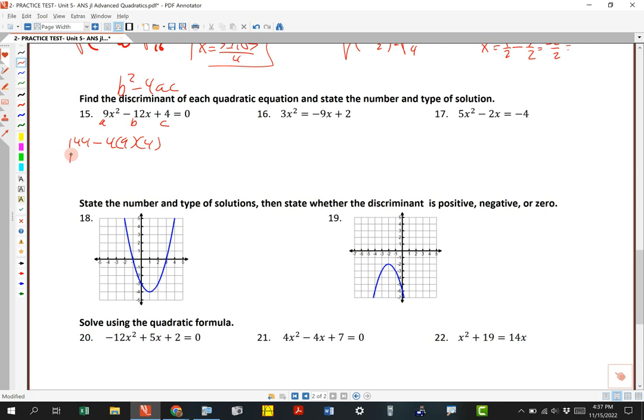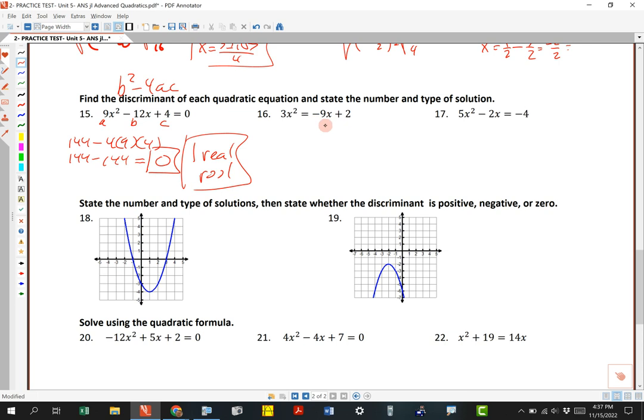So if I were to throw that in a calculator, I think that's going to be 9 times 16. That's 144, so we end up with 0. So the discriminant is 0. And what that means is we don't have the plus or minus portion, so we only get one real solution. Okay, so one real root or solution or whatever you want to call it.